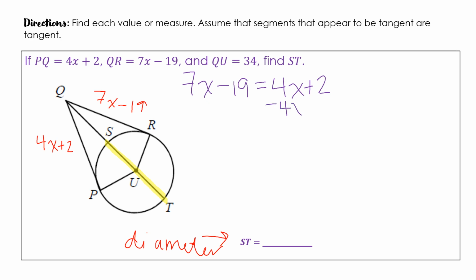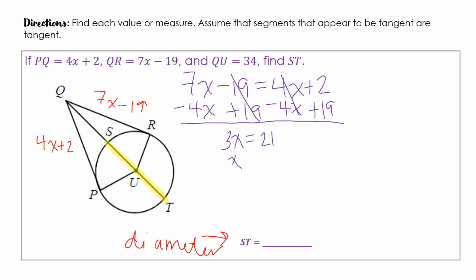So I'm going to subtract 4x from both sides, add 19 as well to both sides. That's going to give me 3x equals 21, which means if we divide by 3, we're going to get x equals 7. Okay, so I'm going to plug 7 back into those segments first to find their length and to make sure that I did this correctly.